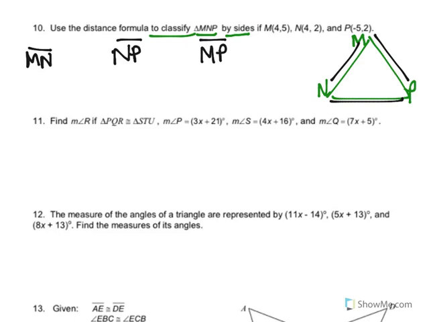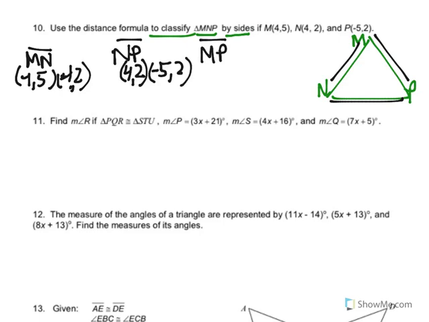So what I did was I put each of the coordinate pairs that I was going to use for each of these: 4, 5 and 4, 2 for this first one. For the second one, you need 4, 2 and -5, 2. On the third one, you need 4, 5 and then -5, 2.